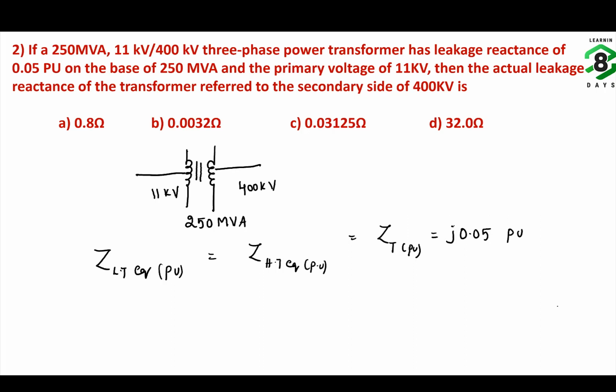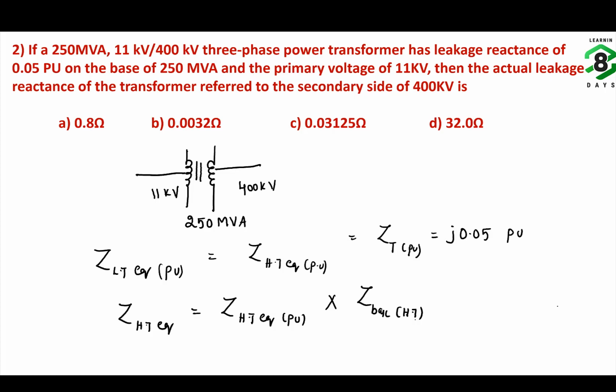Now, what the question is asking is to calculate the equivalent impedance referred to the HT side. So what will be this value? Per unit equivalent impedance referred to HV side and the base impedance of HT side.